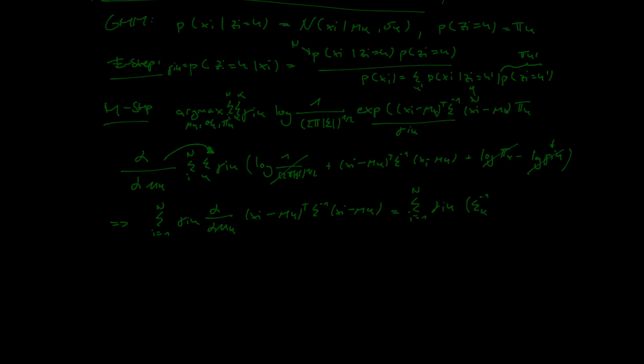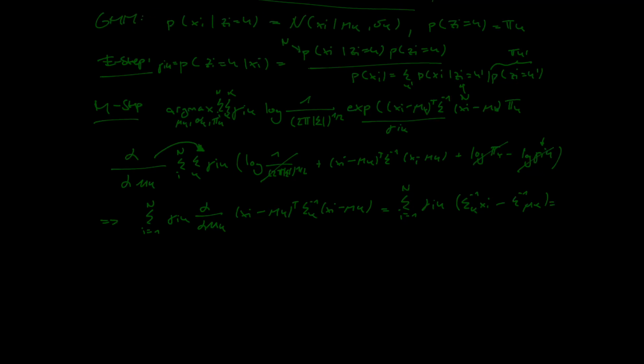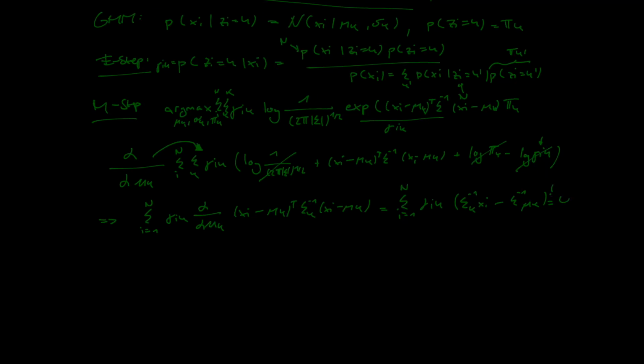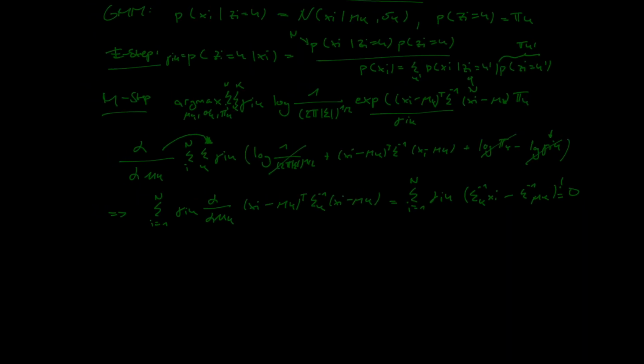Of course, I have to do this like this, and then the xi's, and again the -1, and this time for the mu k. And since we're taking the derivatives, we want it to be 0, right? So that we get the maximum.